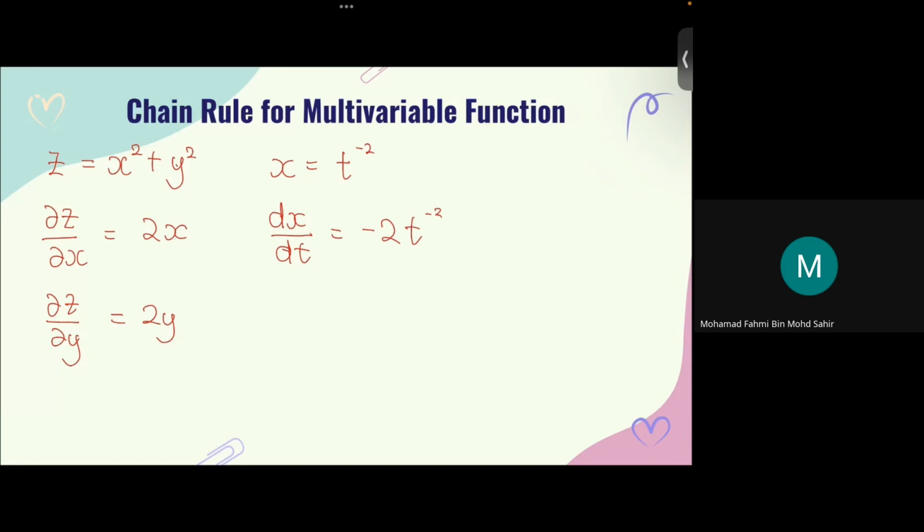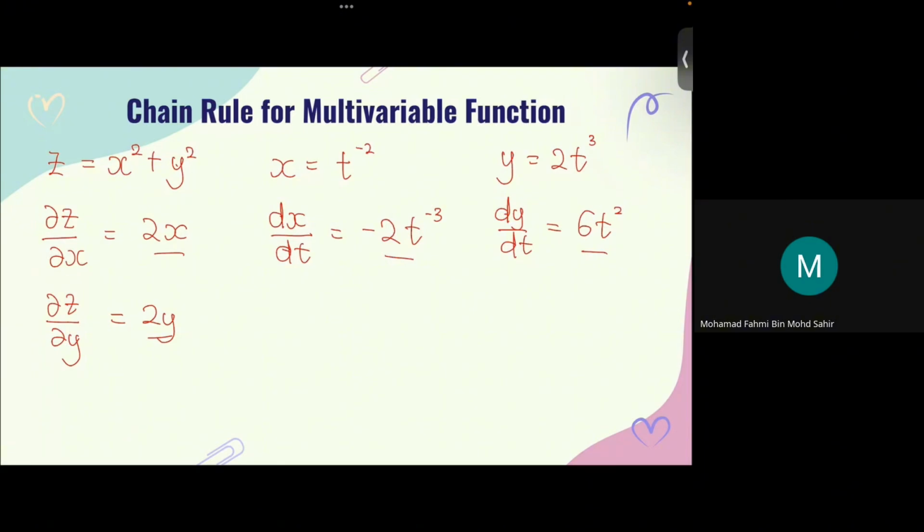And for the y, what is y? y is 2t cubed. So dy/dt will be equal to 6t squared, right? So you have got all these terms from the differentiations.